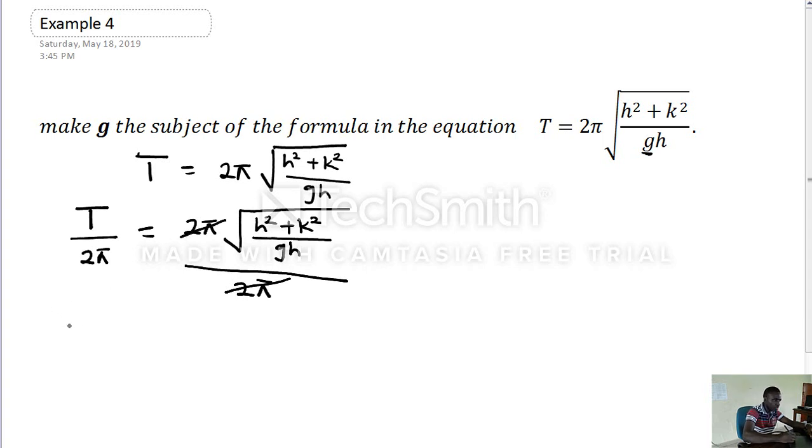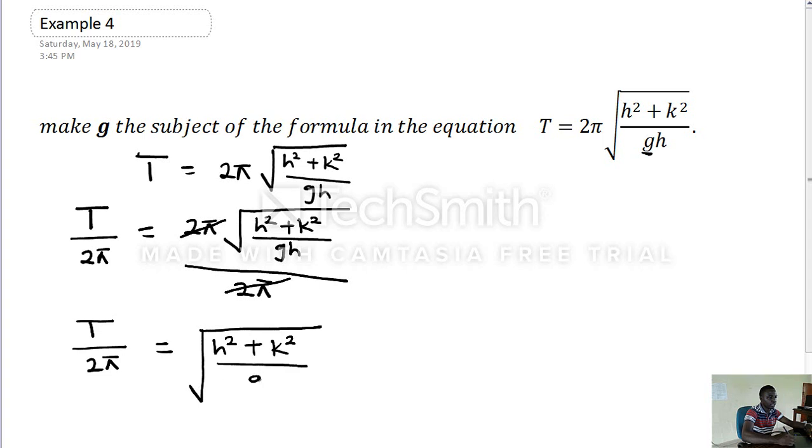So we are going to have t over 2 pi is equal to square root of h squared plus k squared divided by gh.